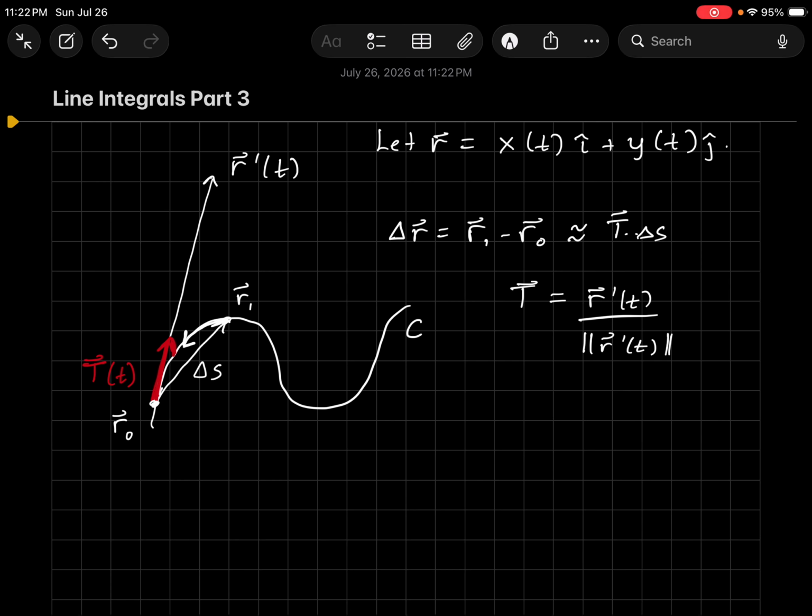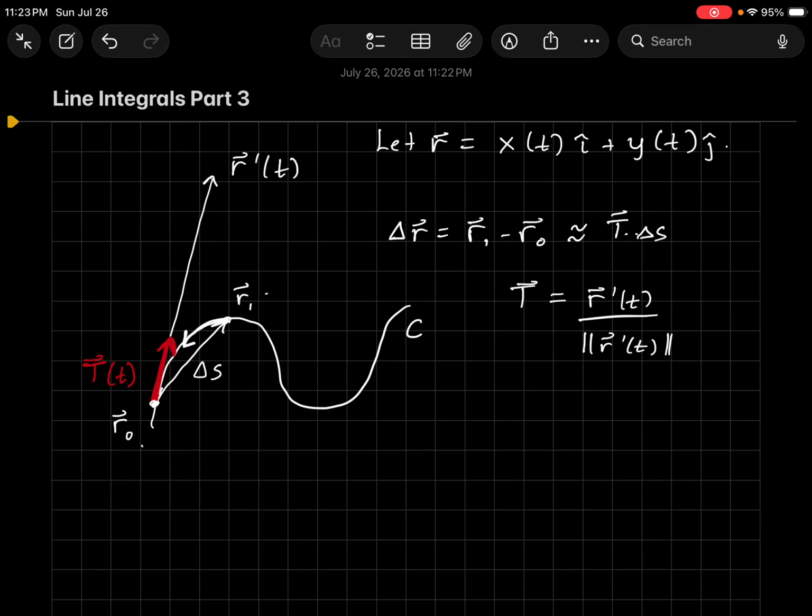So I have a picture showing it. The red vector is T, a unit vector in the direction of r prime. And so if I did delta s times T, that would be approximately my displacement vector r1 minus r0.